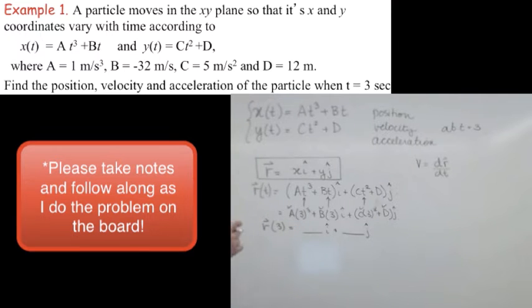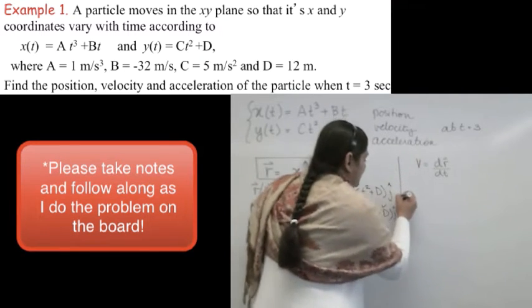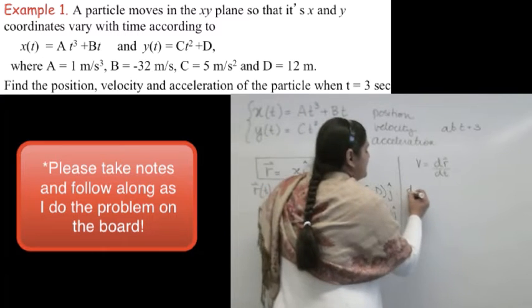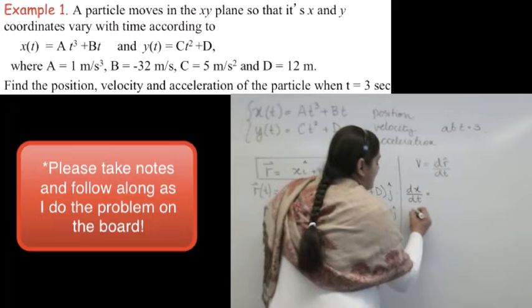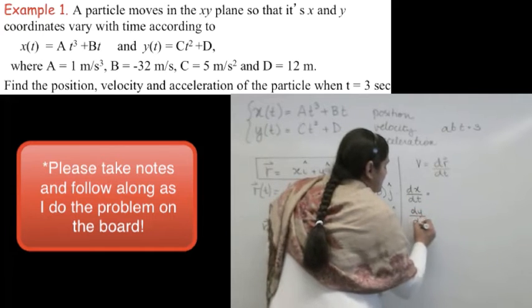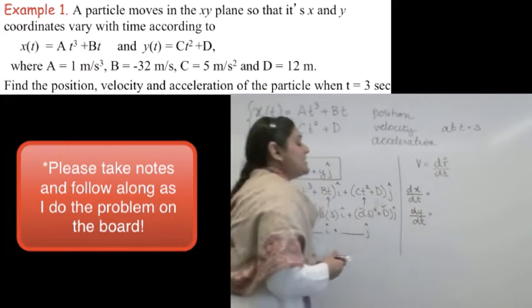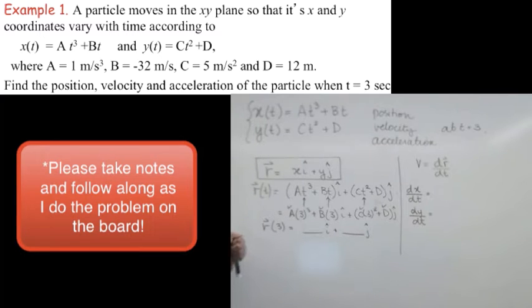So let's make it simple: I'm going to have a dx over dt, and a dy over dt. Pause the video here and try to solve it yourself, and I'll tell you what I get.